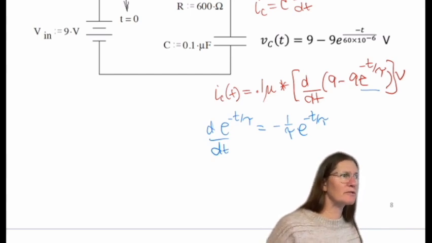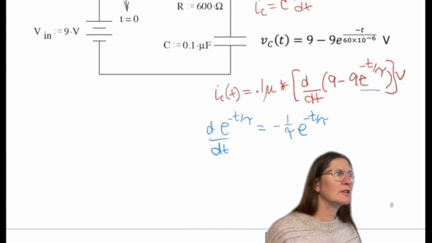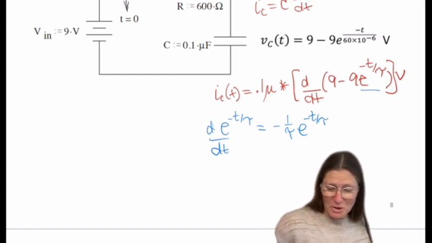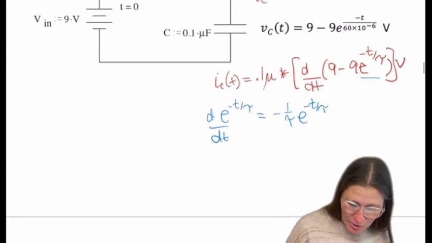The differentiation of 9 is 0 because it has no t in it. So it will just be minus 9 times 1 over tau.